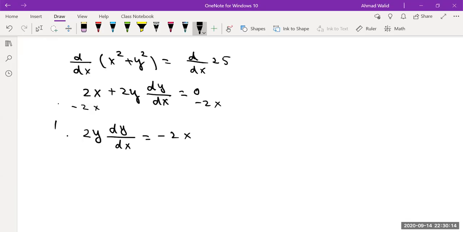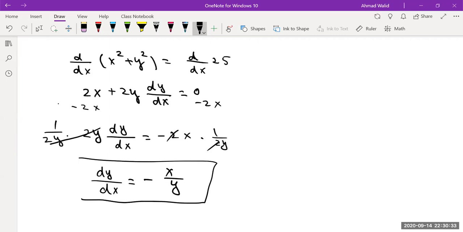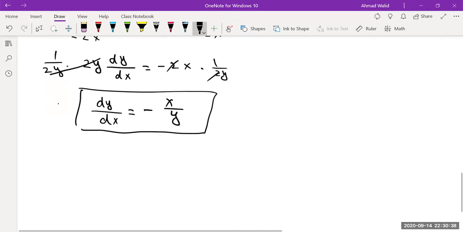Now, multiply both sides by 1 over 2y. dy dx equals, here 2 cancels out with 2, negative x over y, which is the derivative of the given function. Now, in part B, they are asking you to find the equation of the tangent line at the point 3, 4.